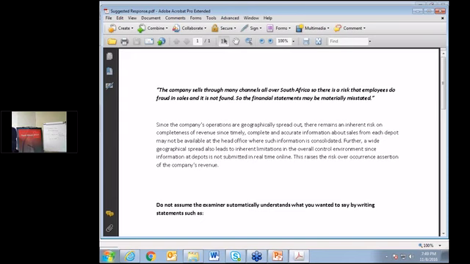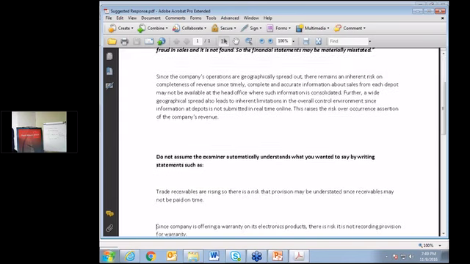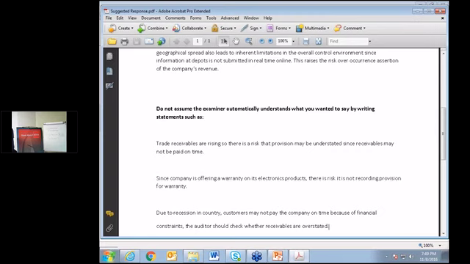Also, on the same document, if you just go below, and I am also going there so you can see this on the screen as well in front of you. Do not assume that the examiner automatically understands what you wanted to say by writing statements such as the ones that I have given. There are 3 more examples that I have given, but I have not given the better examples for them. It's just the bad examples that you see.